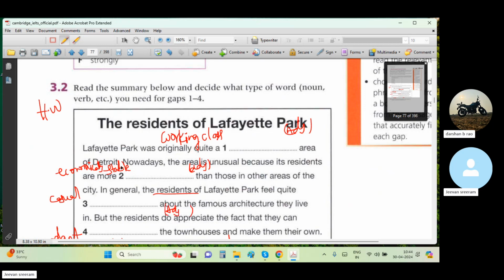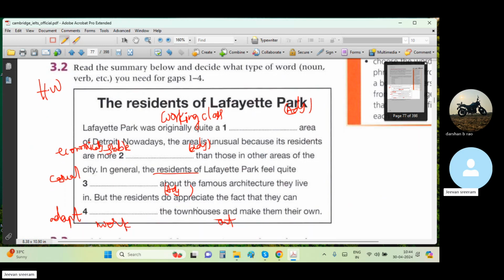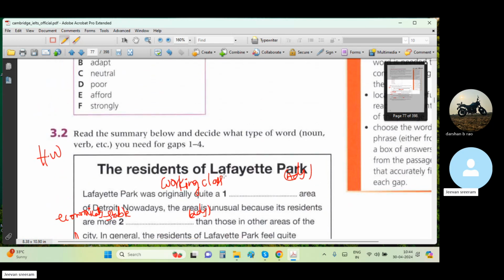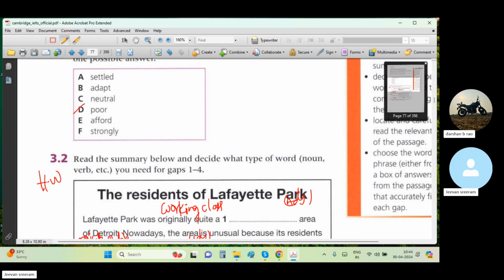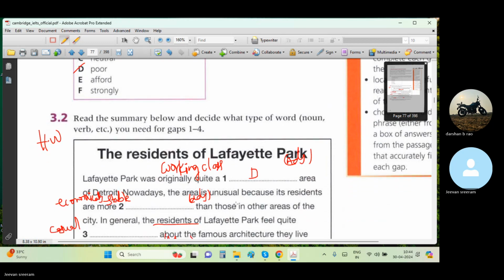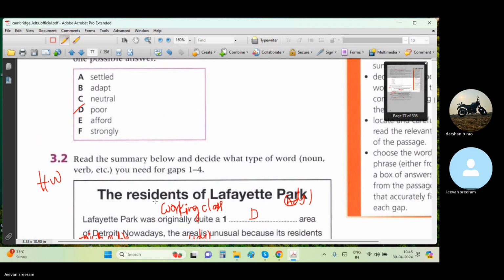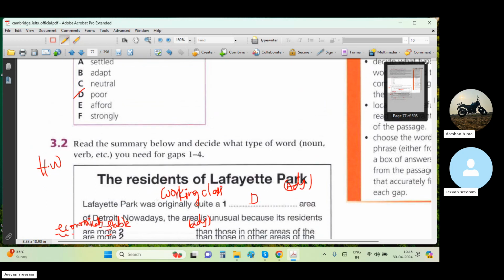More economically stable, that's also adjective plus adverb. But I need a verb here, right? Let's see. First one, poor, right? Yes, poor means working class. Second one is economically stable, which is settled.